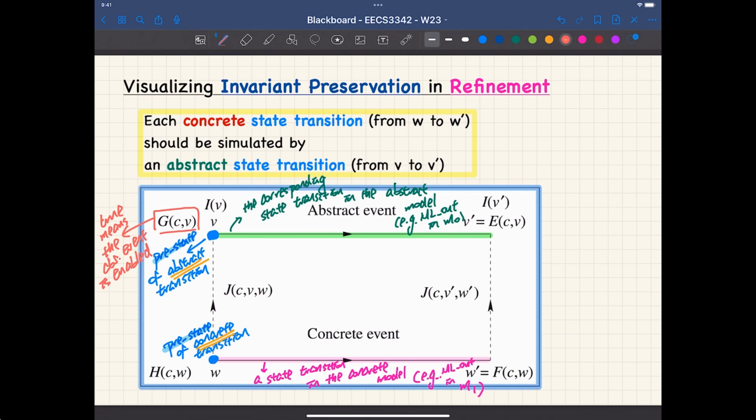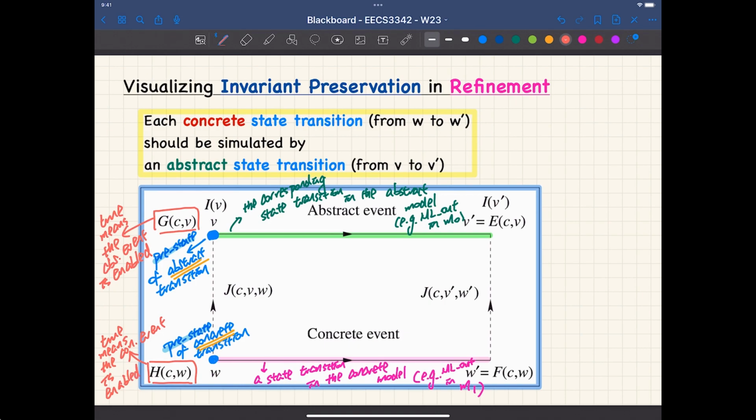And then we got another one over here, which is H. That's a concrete guard. Right? We talked about abstract guard versus concrete guard a lot. H being true means the concrete event is enabled.